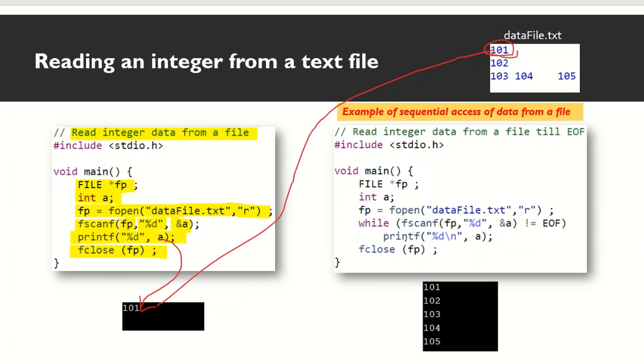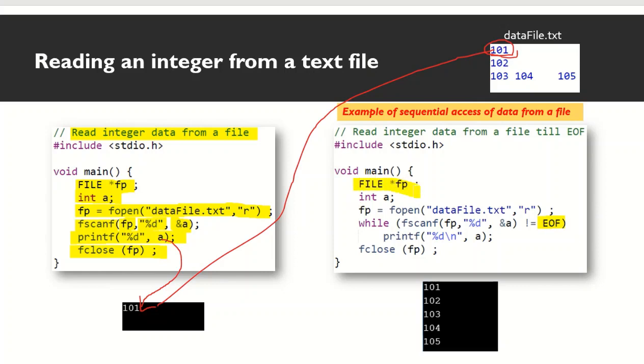So this operation, reading all these integer data, can be done using a while loop in which I will check for the end of file. I will read the integer data till the end of file.